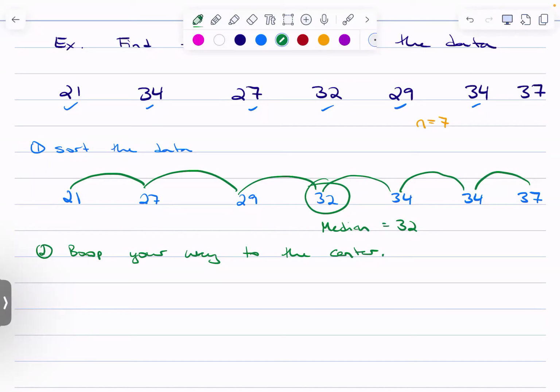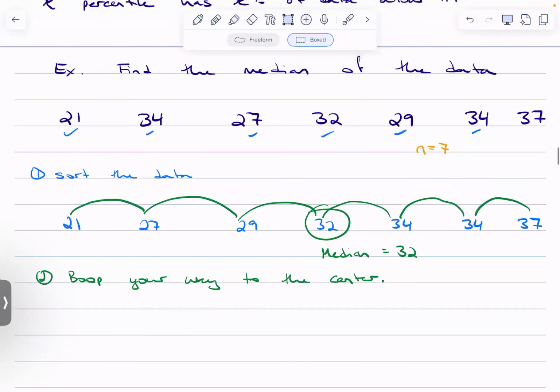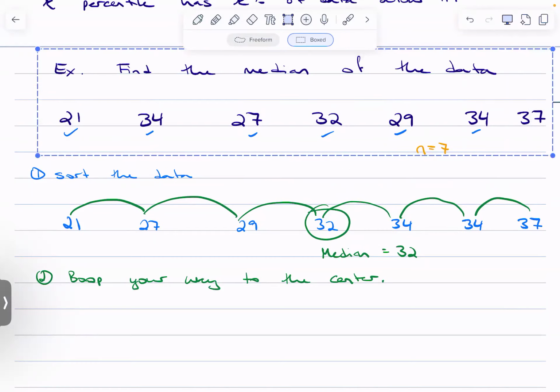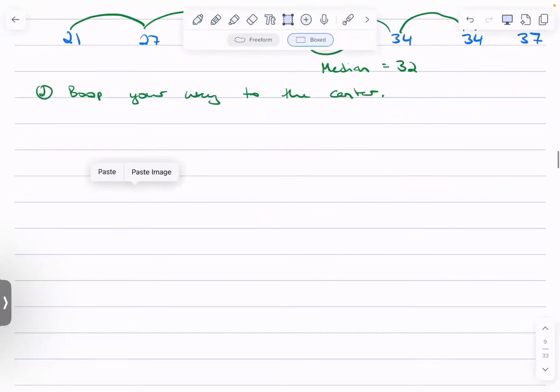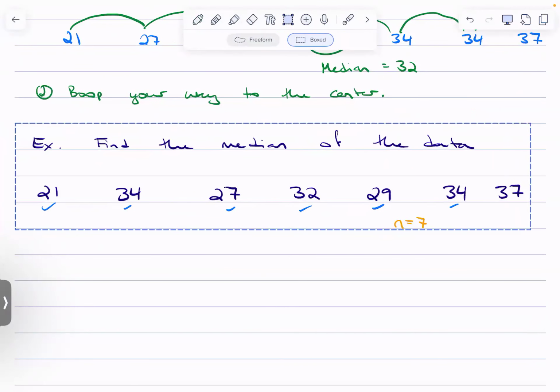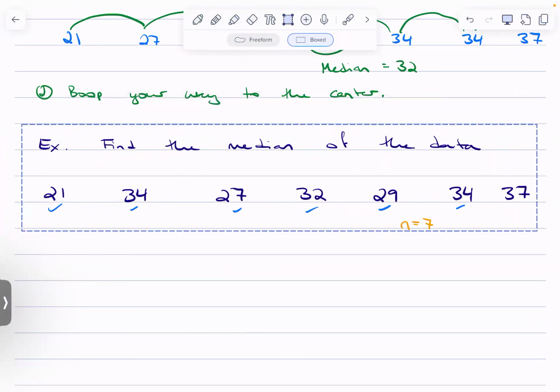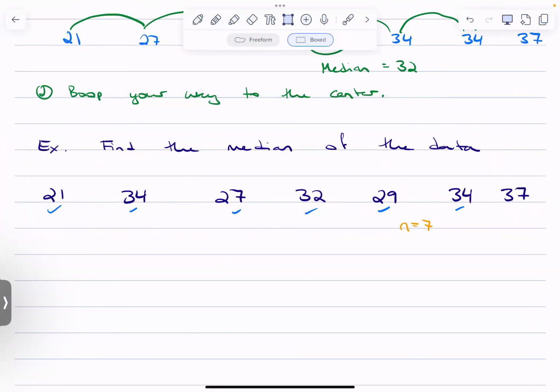What if I use the same example? Copy. But I add a data point.